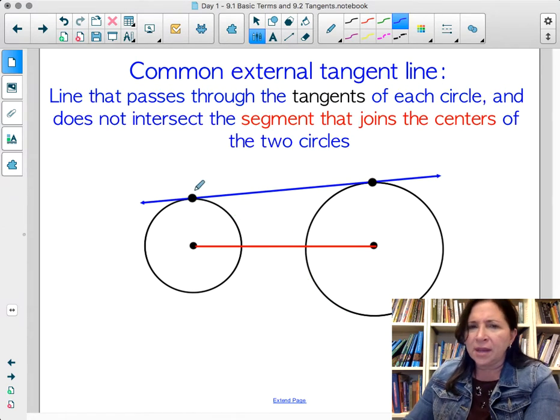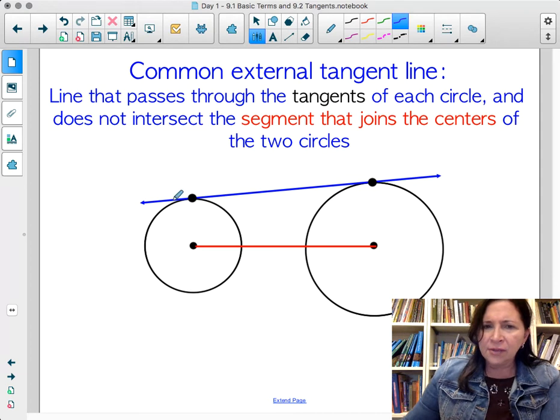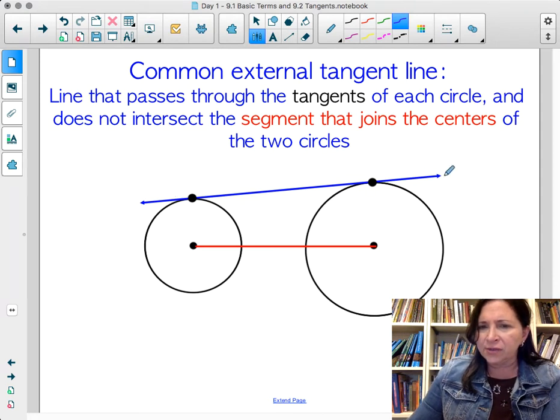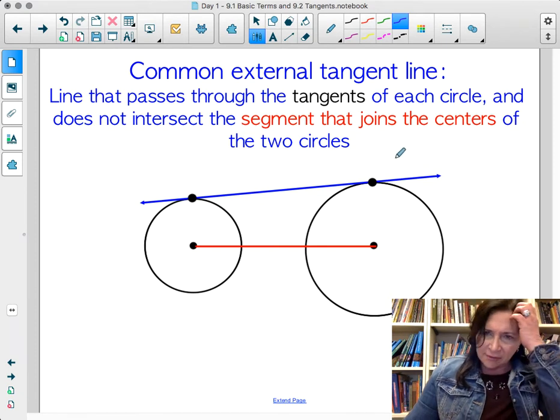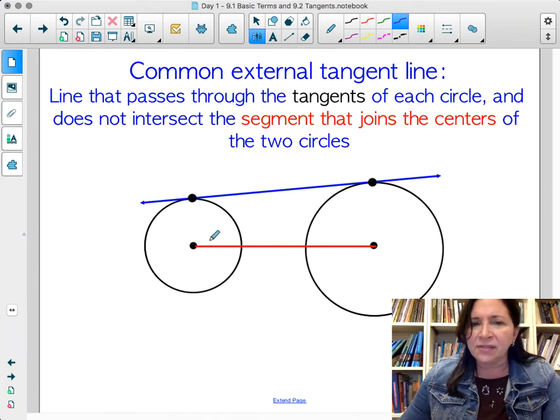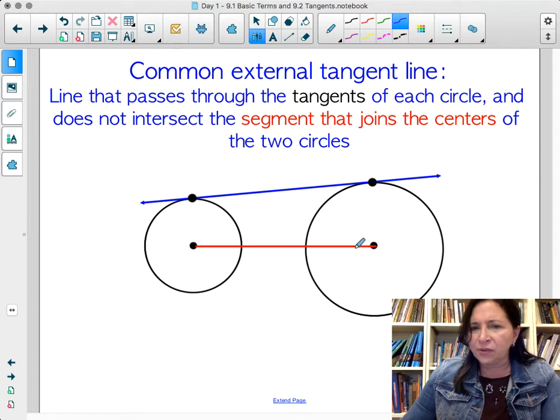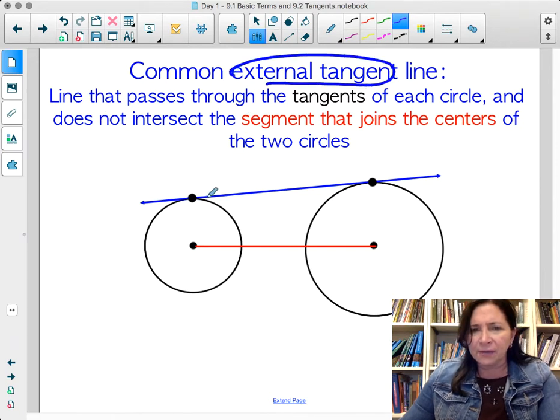We have a common externally tangent line. See how the tangent line right here, this is it right here. That passes through the tangent point of each circle, but it does not intersect the line that connects the two centers. So it's externally tangent if this blue line does not intersect this here.